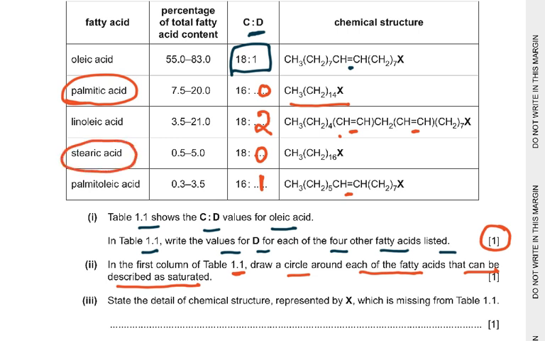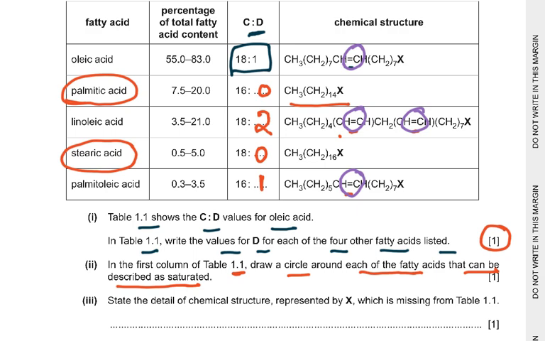Circle drawn around palmitic acid and around stearic acid. You see, both of these did not have any double bonds, so these were the two that you had to circle. There are no double bonds here. There is a double bond here. There is a double bond here. There is a double bond here. And there is a double bond here.